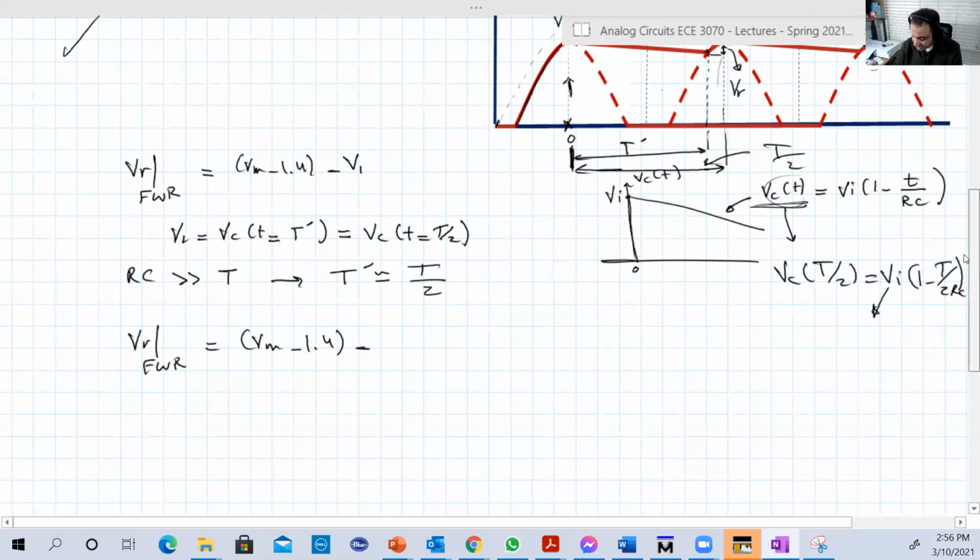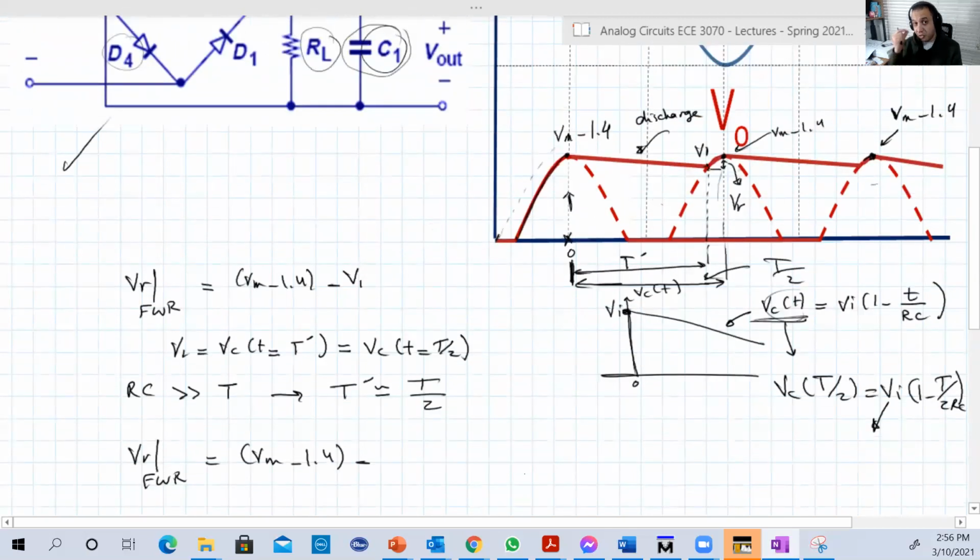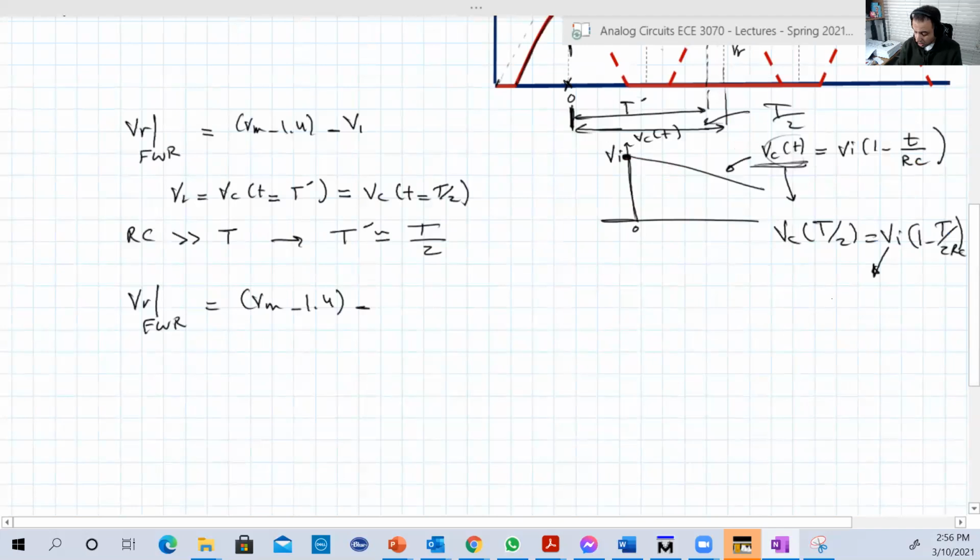Remember, Vi is the starting voltage when the discharge starts, the point at which we start discharging. So Vi is Vm minus 1.4, times 1 minus T over 2RC.